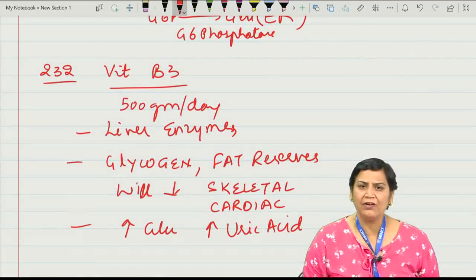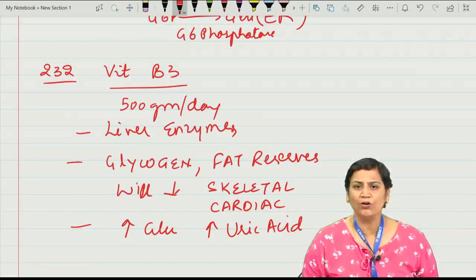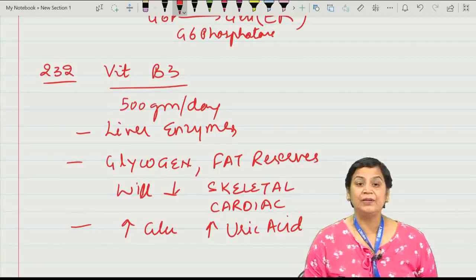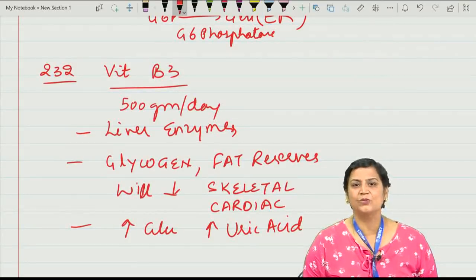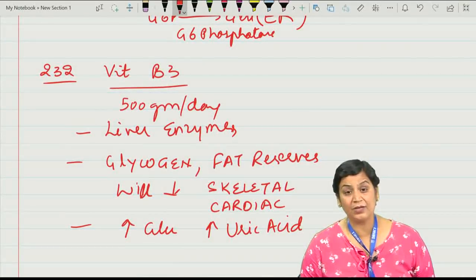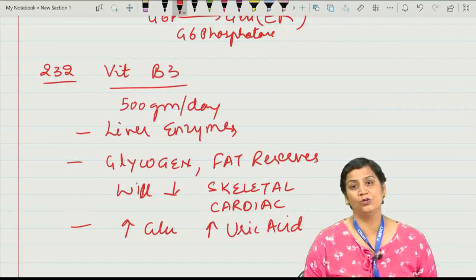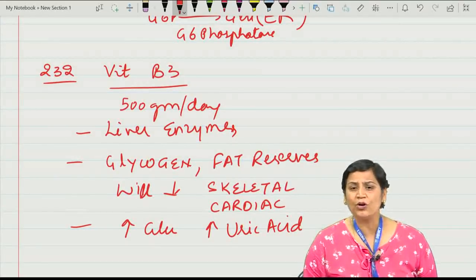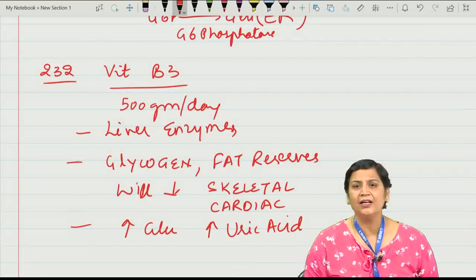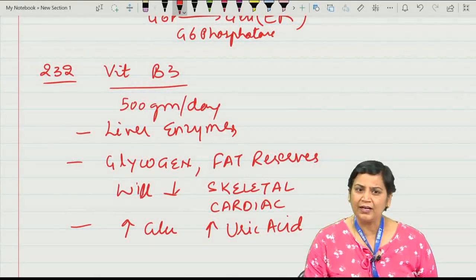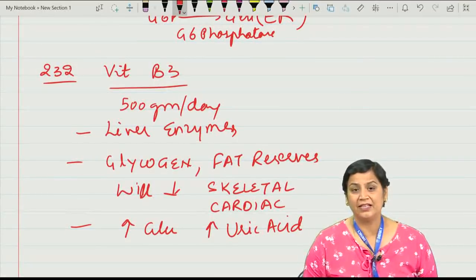These are the 3 very important consequences of toxicity caused by niacin. First is there is depletion in the fat reserves as well as glycogen reserves in the skeletal muscle as well as the cardiac muscle. Second is there is increase in the concentration of glucose and hyperuricemia is there, and most of the liver enzymes are actually degraded, damage to the liver enzymes is there when the intake of niacin increases 500 gram in a day.